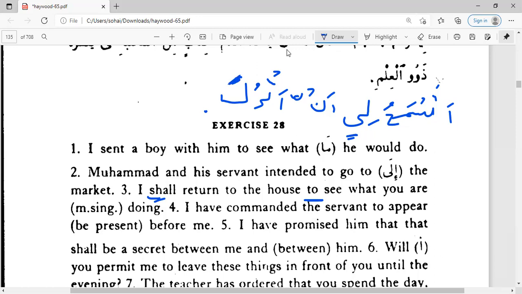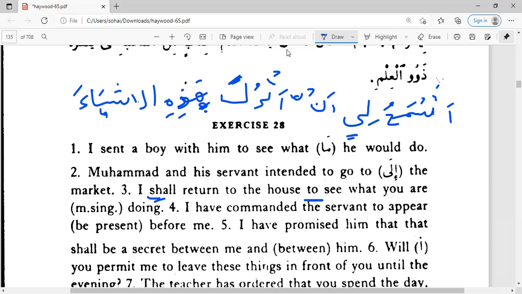Okay. And since the things is like a broken plural, we use a feminine form of hazihi, ashia. In front of me is amami, and in front of you is amamaka. So first of all, ashia is the object.